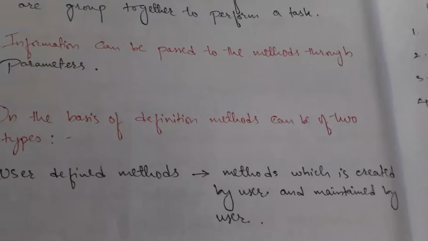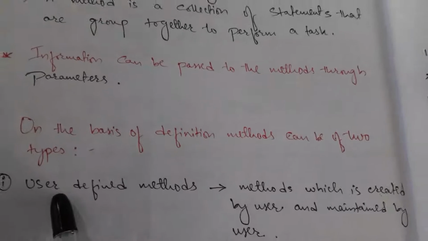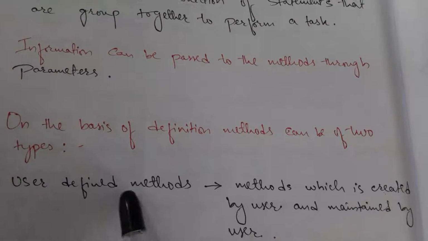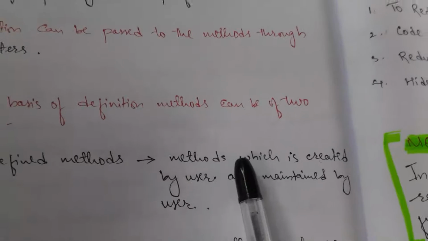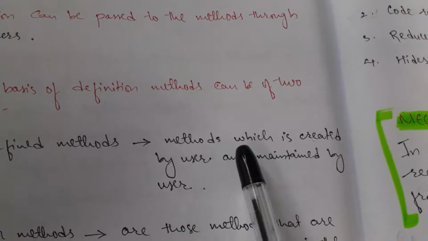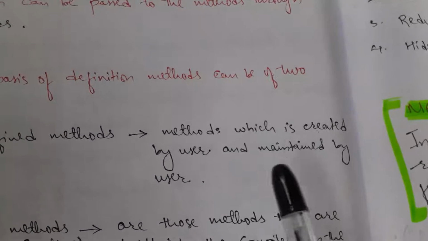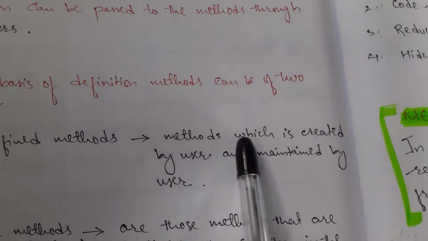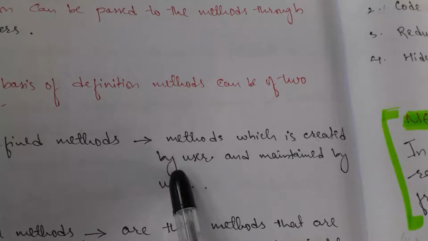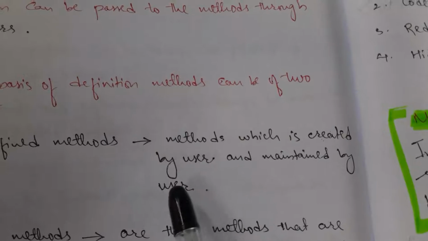That means the first kind of method is called user defined methods, created by a user or a programmer who deals with the program. Methods will be created by a user and also maintained by the user itself.